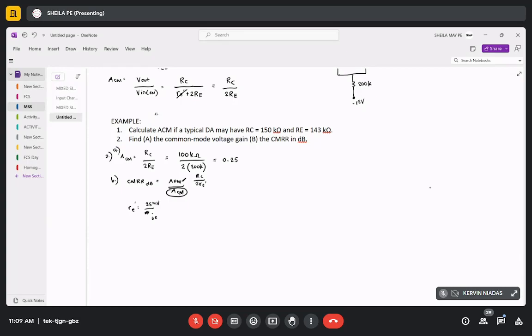So IE is 12 minus 0.7 divided by RE, which is 200K. That's 11.3 divided by 200K, 0.0565 milliamperes or 56.5 microamperes. Okay, it's the same.